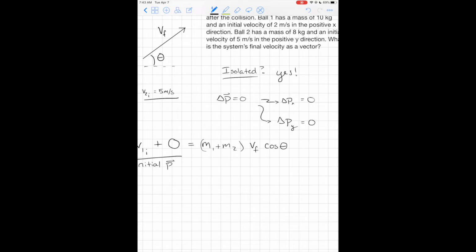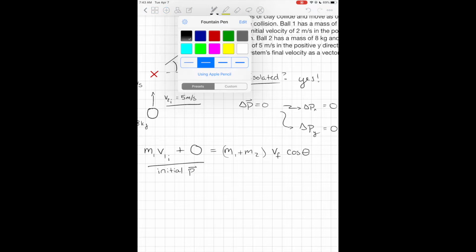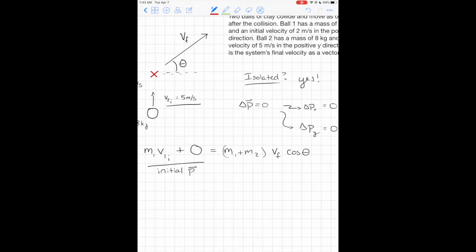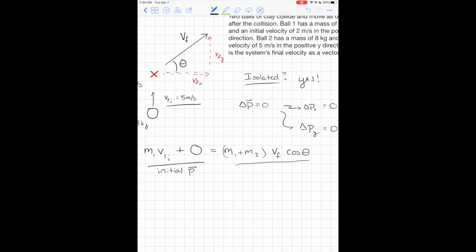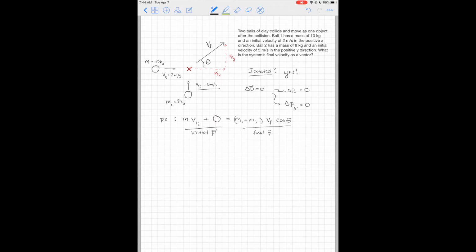This is the vfx portion here. If we were to draw out the components, right, I have a vfx and a vfy. So this is our final momentum in the x direction.